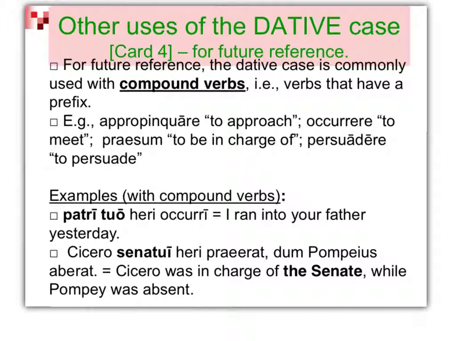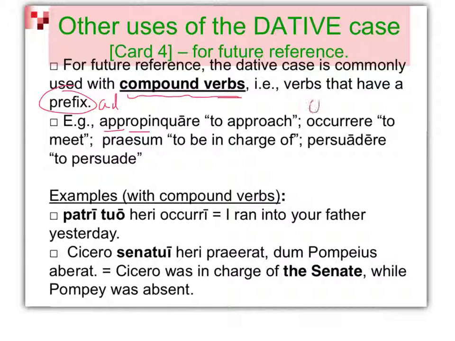Alright, now this card is more of an FYI for future reference. The dative is commonly used with something called compound verbs, and we've seen this a little bit. That means verbs that have a prefix in front of them. So, for example, appropinquare is actually the preposition ad attached to the idea of prope.